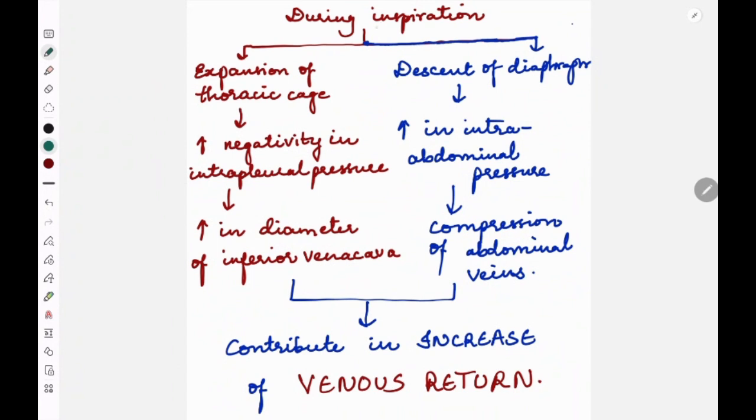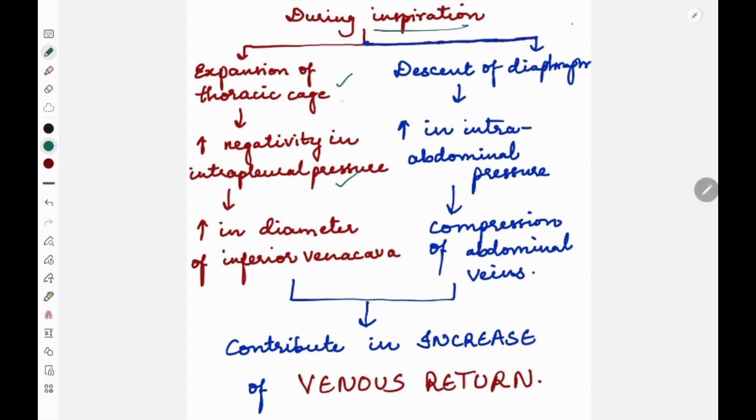That is, during the inspiration, what happens? During inspiration there is expansion of the thoracic cage. Because of expansion of the thoracic cage, there is increased negativity in the intrapleural pressure. All these things you'll be able to understand clearly once you are done with the respiration chapter of physiology.